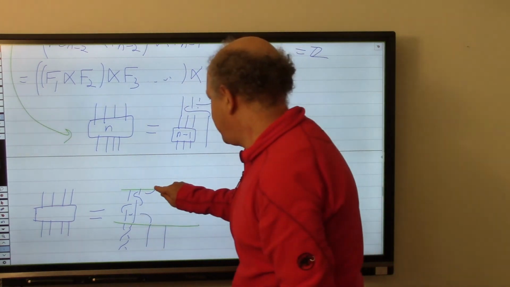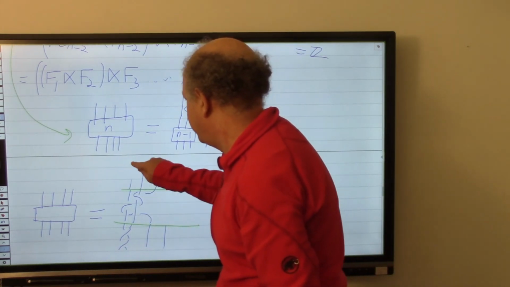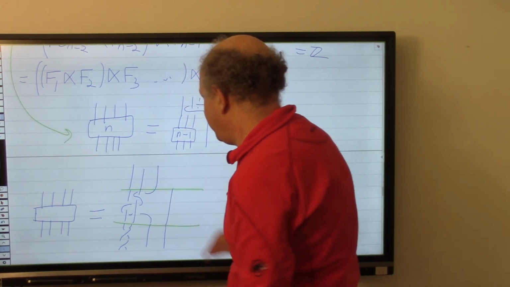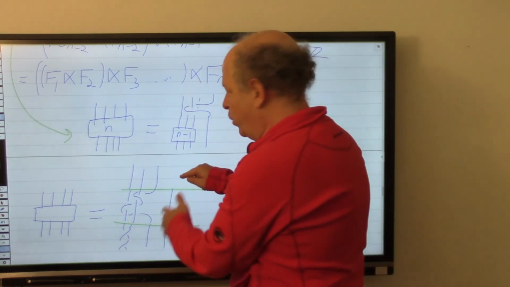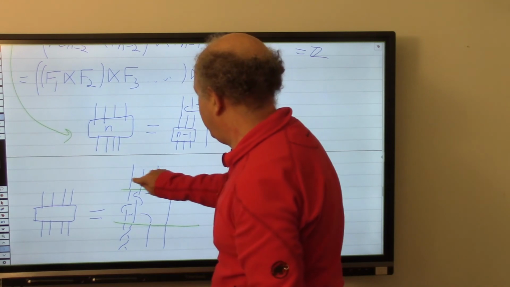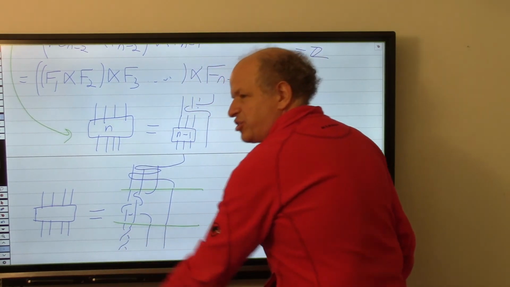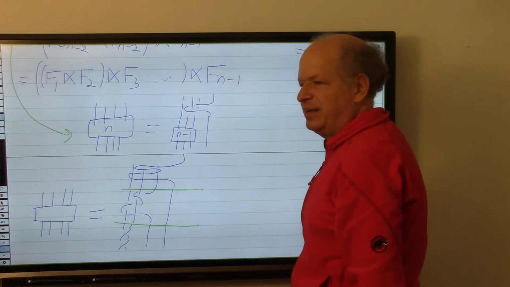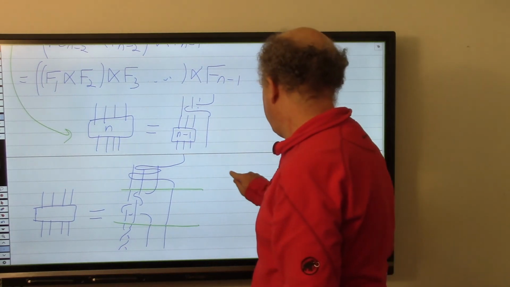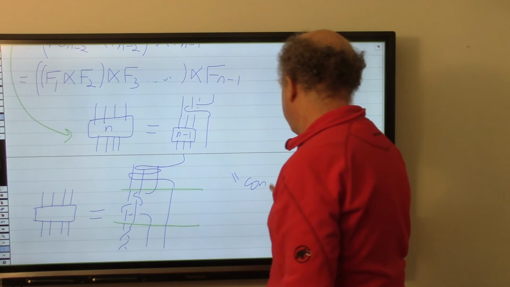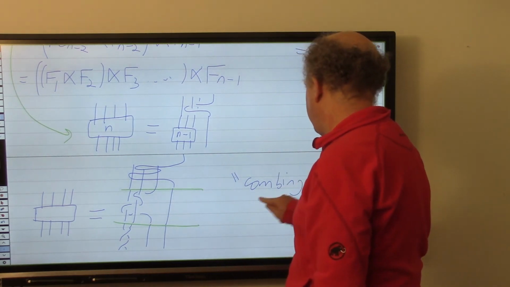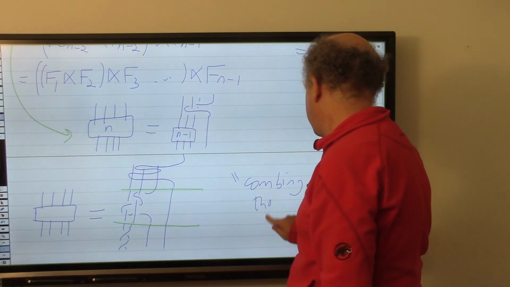And then in the third step, the last strand will wrap around the first 3 strands. Okay? So this is called combing the braid.